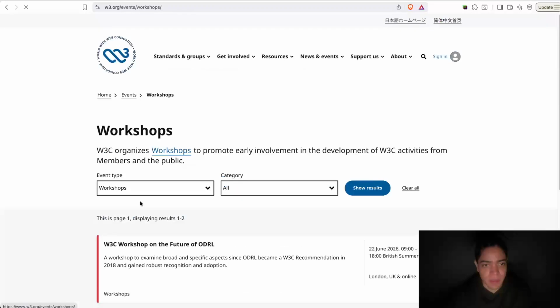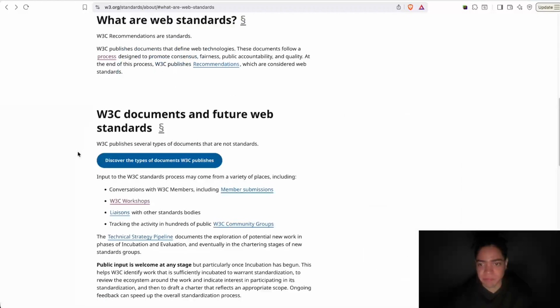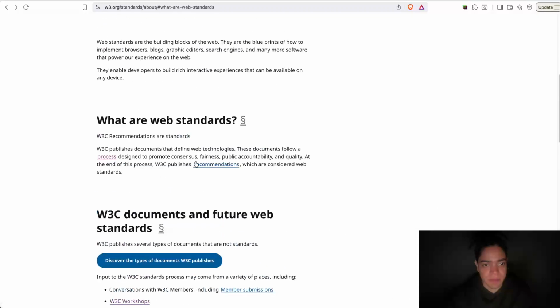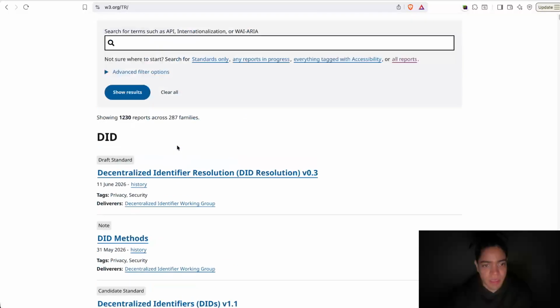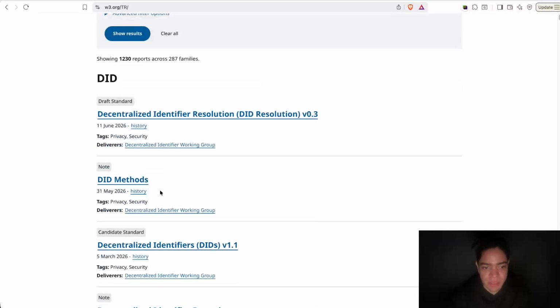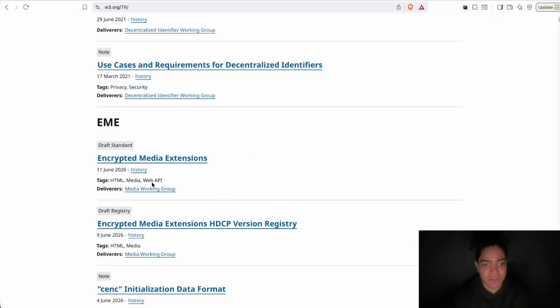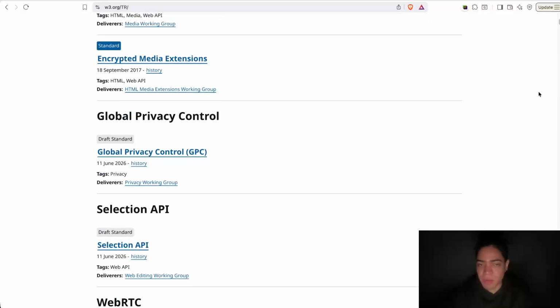Workshops. Okay, but this is workshop. Recommendations. And here's where you can see W3C standards and drafts. Okay, so here we can see some of them, right? Global privacy.